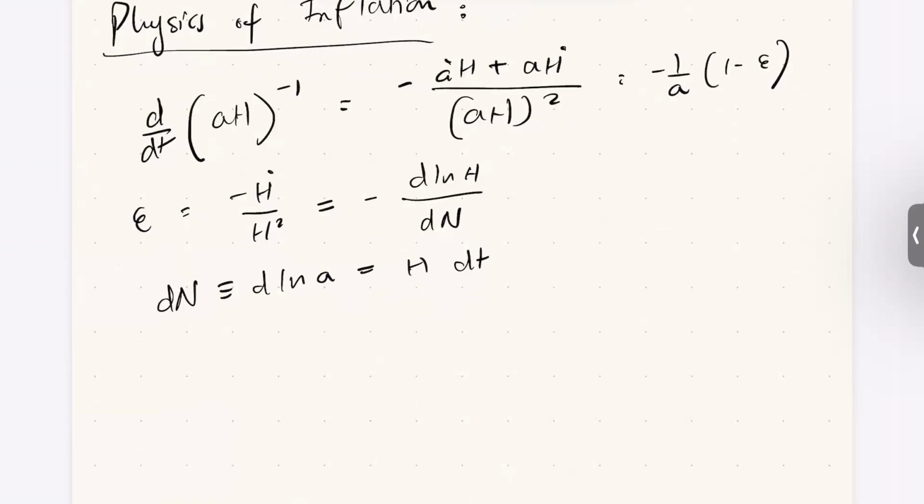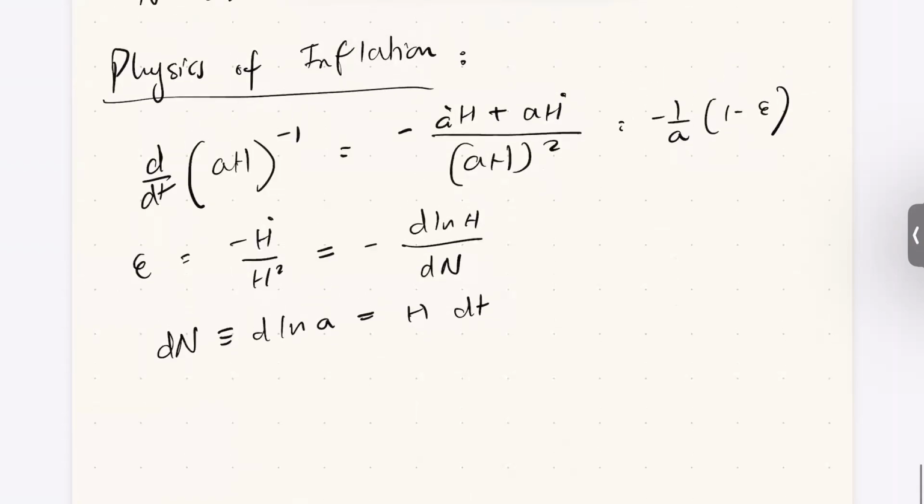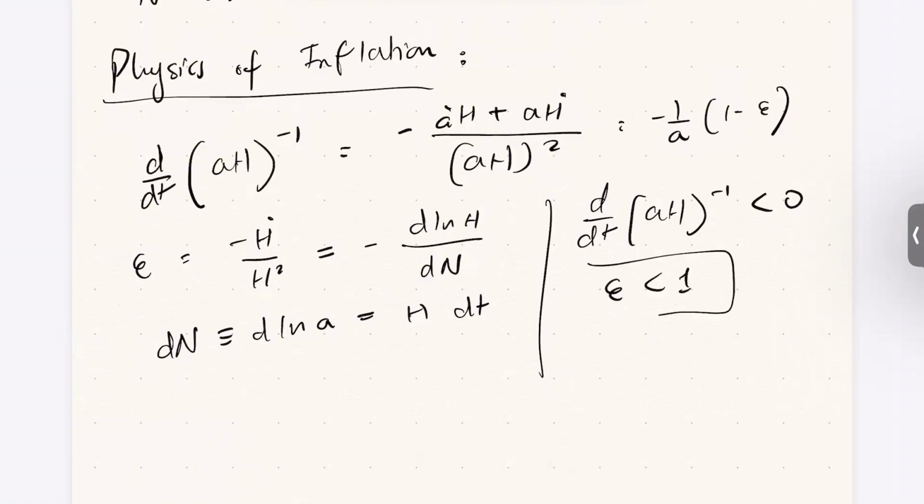Okay. So from here, if we have a shrinking Hubble sphere, which means that d/dt of (aH)^-1 is negative, right? If that is so, then we must have epsilon less than 1. And from here, of course, epsilon has to be less than 1, right?